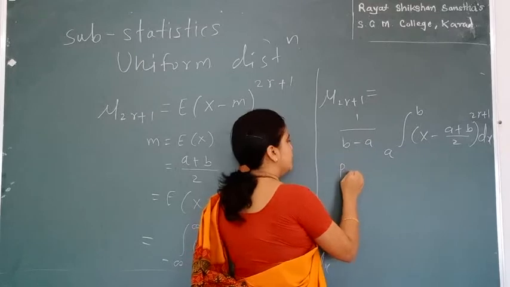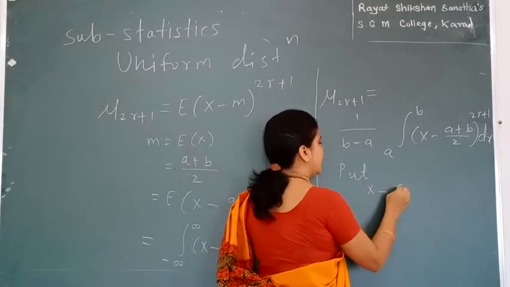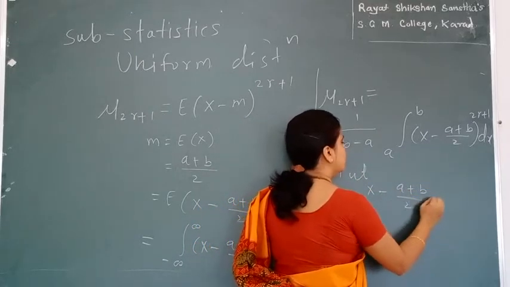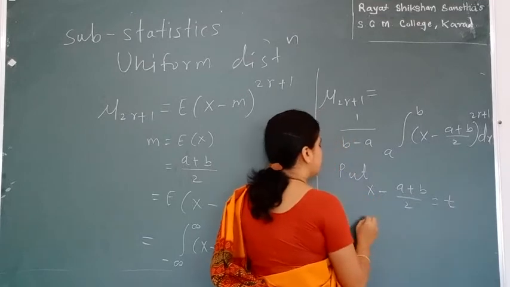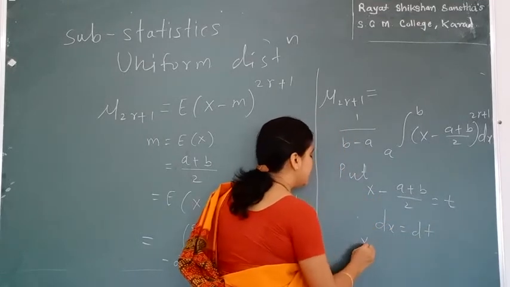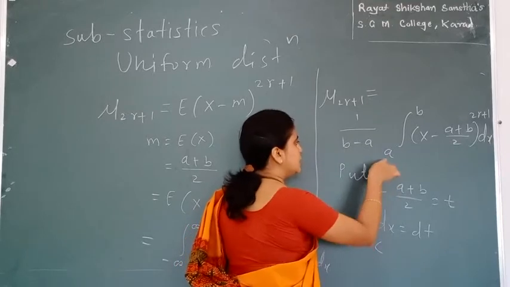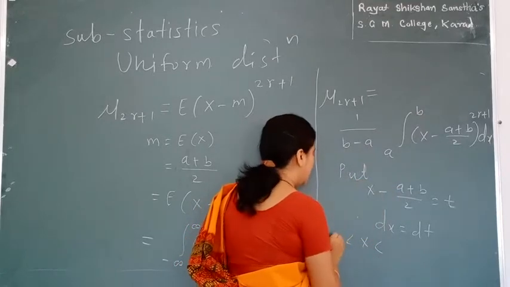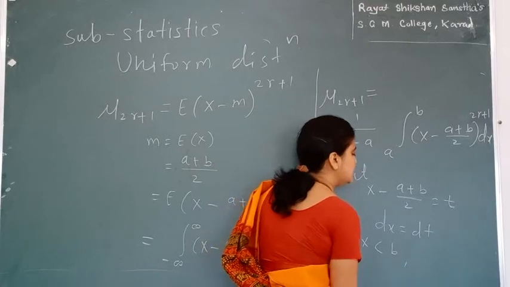Now we put x minus (a plus b) by 2 equal to t. So we get dx equal to dt, and the range of x is a to b.